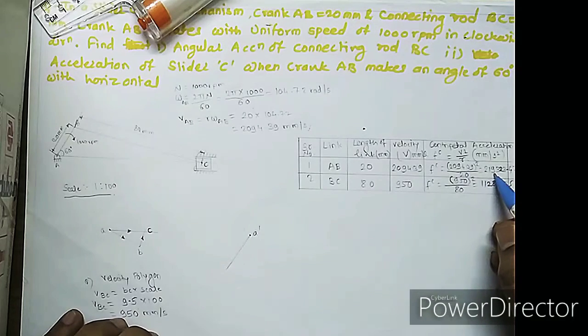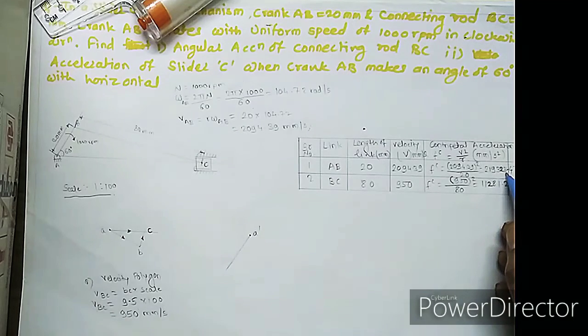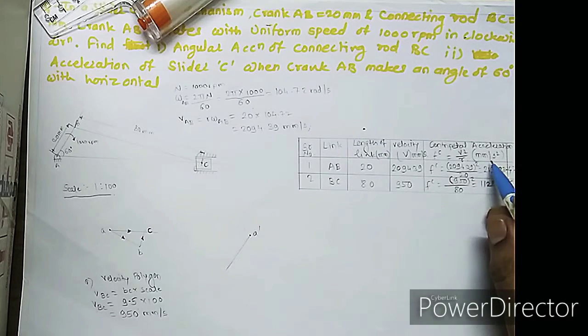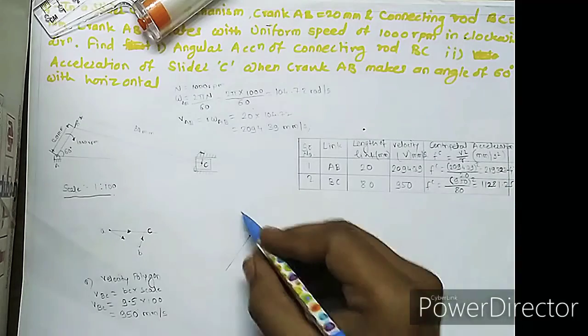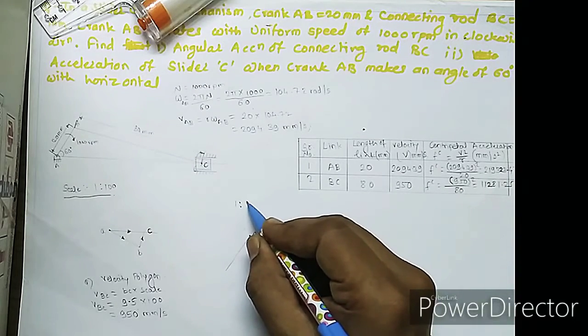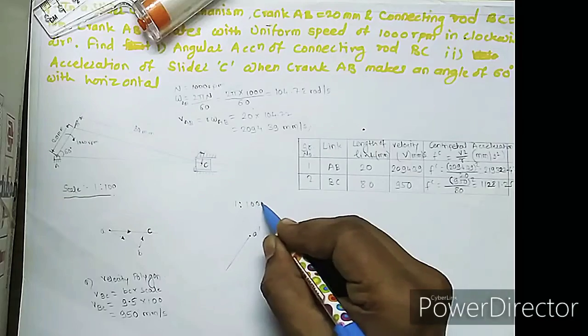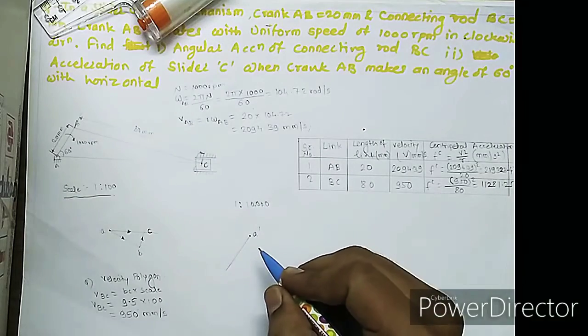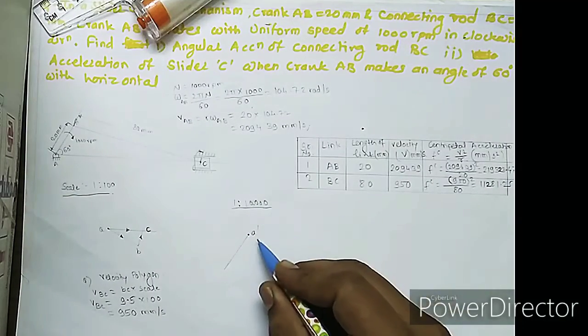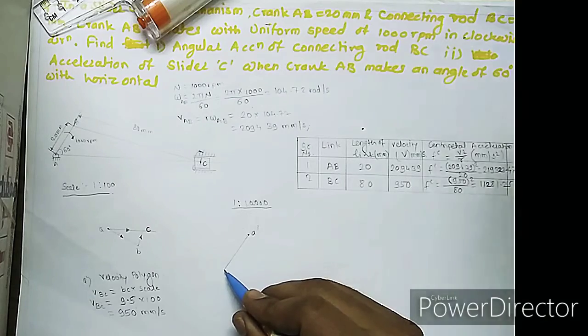We have the centripetal acceleration for AB as 219,323.47 mm per second square. So we have to take a scale of 1 is to 10,000, because we have got the 219,323.47.